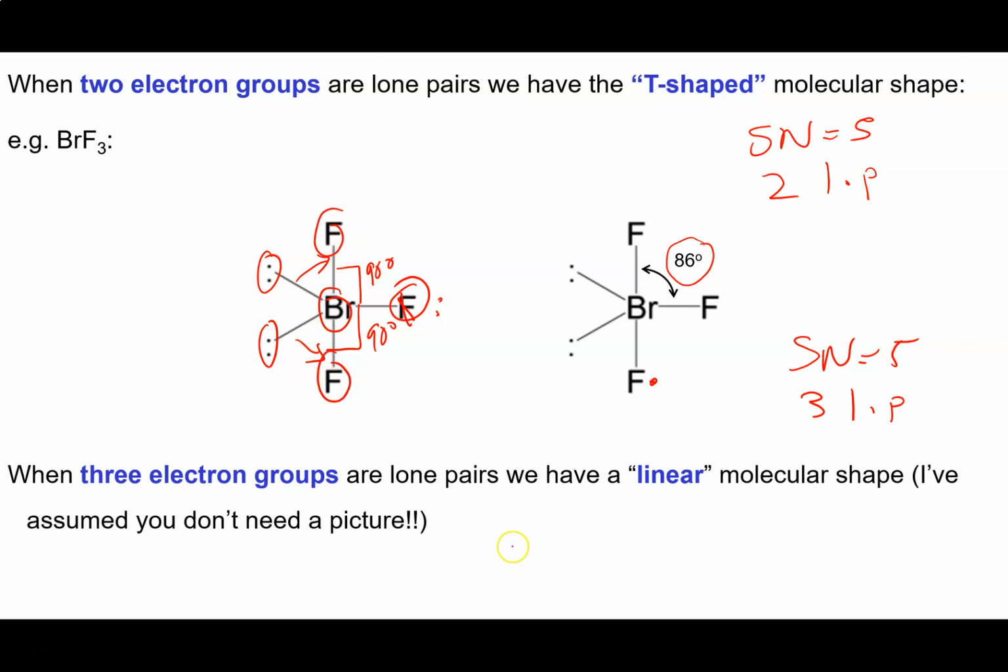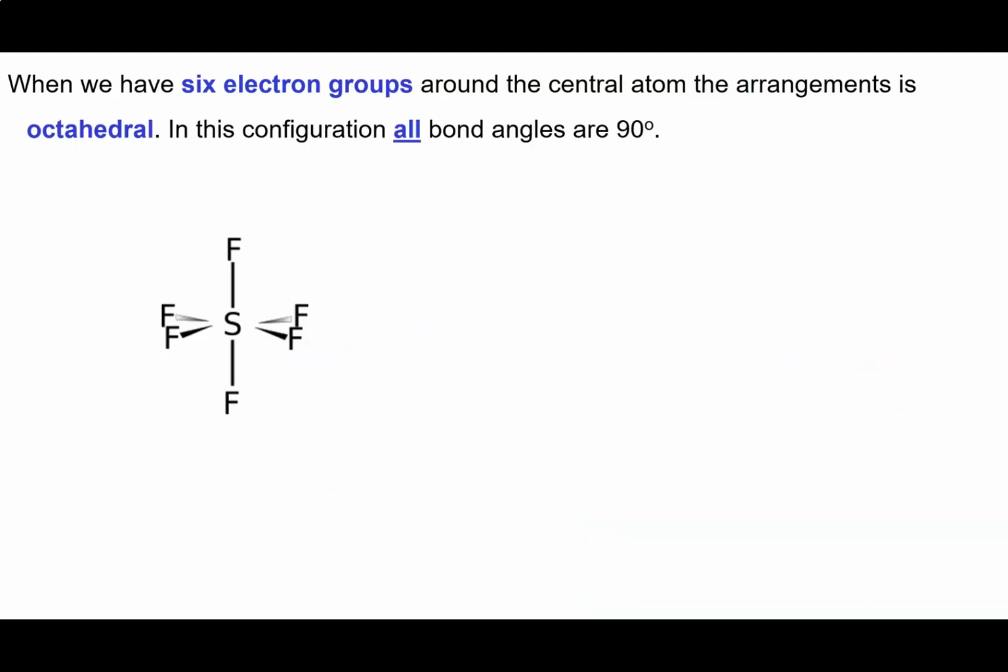So we would end up with a linear molecule like that, and then our lone pairs would be in our trigonal planar arrangement around the middle. But it's kind of tricky to draw. Okay, so I assume that you didn't need a picture for that one.